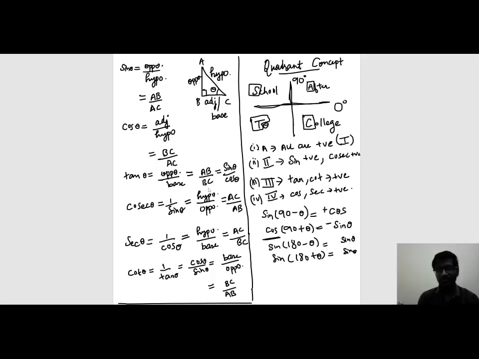So 180 minus theta will lie in the second quadrant, and in the second quadrant sine is positive, so this will be positive. Coming to the next part, 180 plus theta will go in the third quadrant. There only tan and cot are positive, all others will be negative, so we'll place a negative sign here. This is how we will deal with quadrant problems.